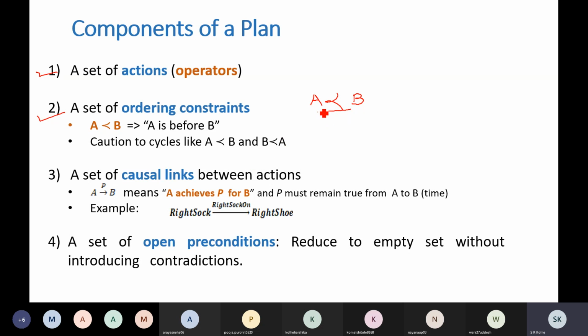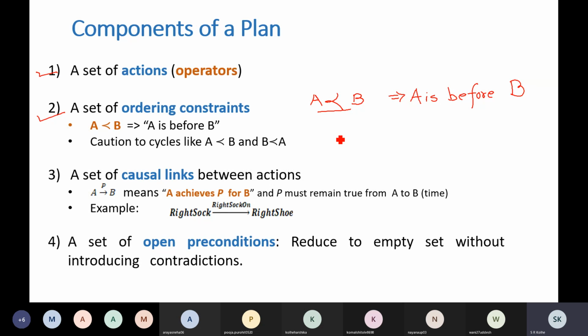How to read this? That A is before B. So this represents the ordering relation.